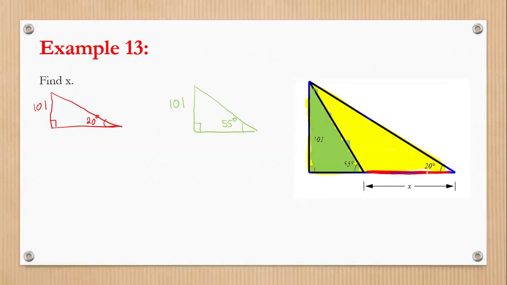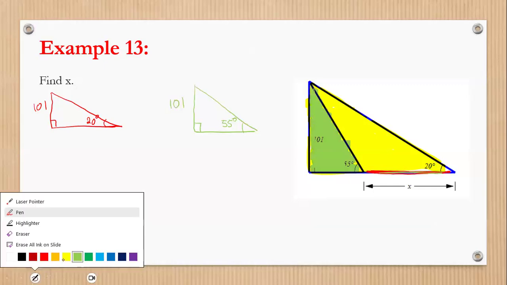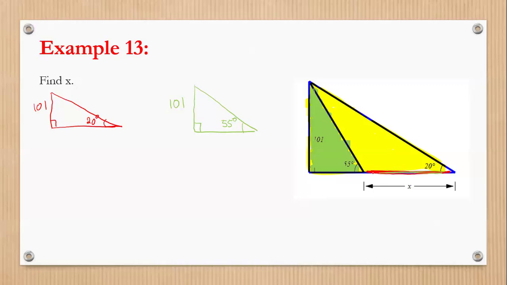Since I'm going to find this part X, from the first triangle, I need to find this side, which I can name A. And from the second triangle, I can find this side, which I can name B. That's my A, that's the B. After finding A and B, I can subtract them to find X. So let's see which function we can use.